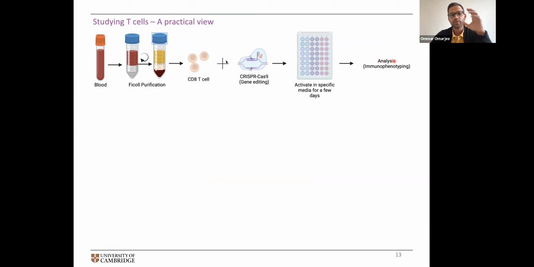So in our field, when you analyze immune cells, we use the term immunophenotyping, which means analyzing immune cells. Now there is an open question for you: can you tell me what type of instruments or techniques I use to analyze my immune cells?